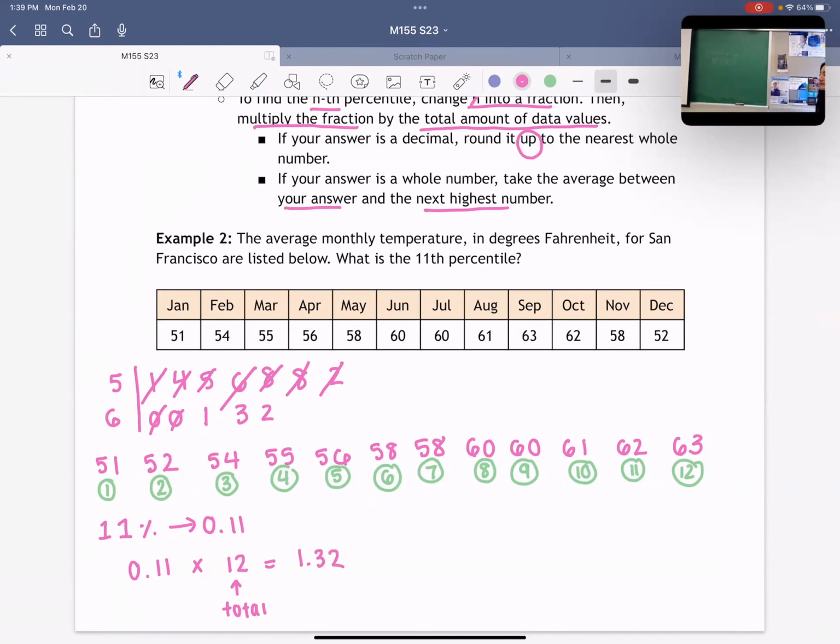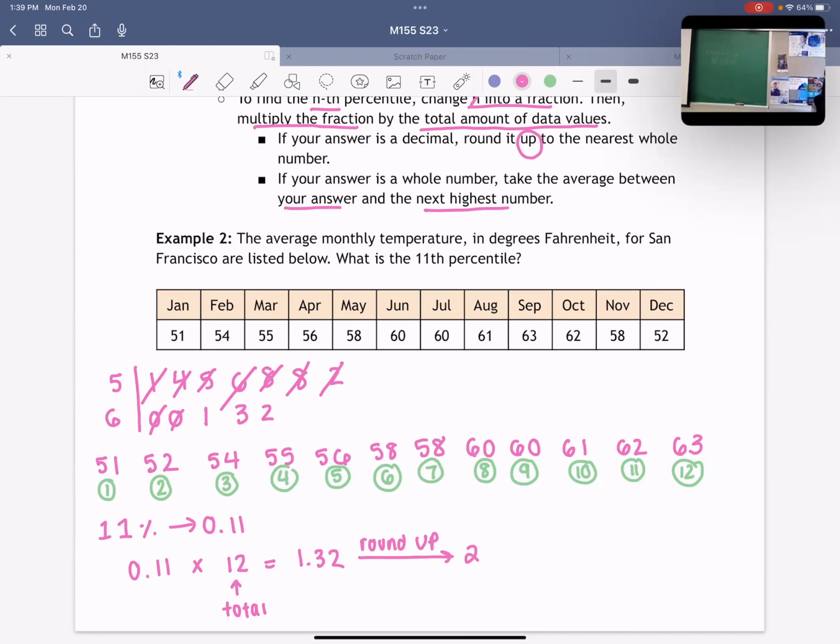Okay. Here's where things get tricky. If we get a decimal, round it up to the nearest whole number. Right now, for this specific question, I want you to forget about everything that you've ever learned in math. Remember, in math, we always learn about rounding, we would round that down to a 1, right? For percentile questions only, I'm going to want you to round this up to 2.